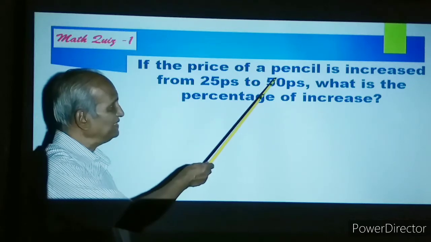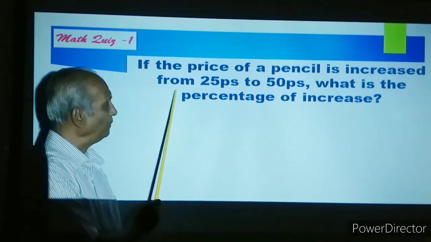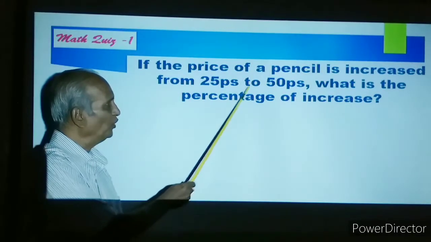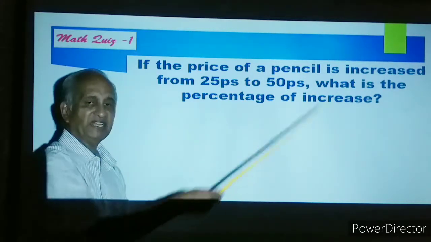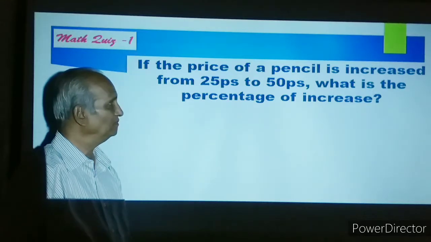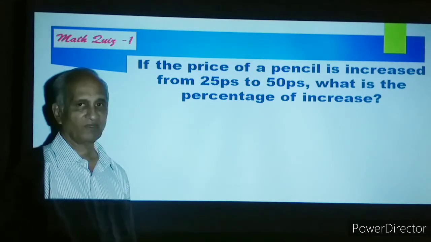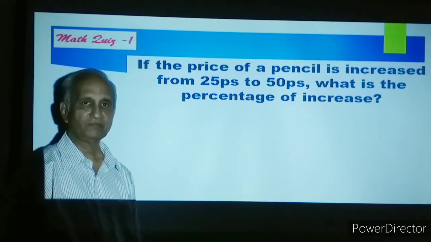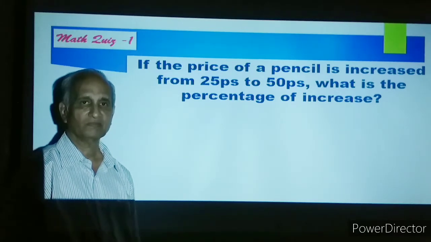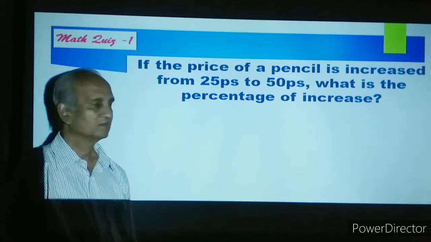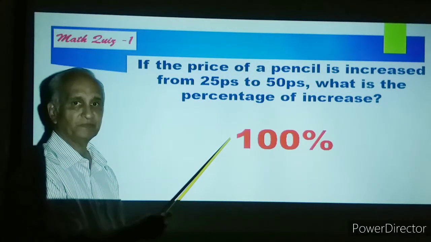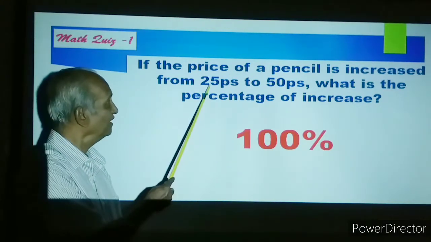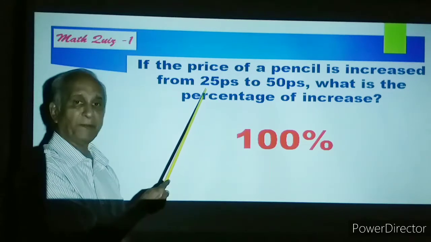If the price of a pencil is increased from 25 paise to 50 paise, what is the percentage of increase? The increase is 100%. How is it? The pencil's value is 25 paise.